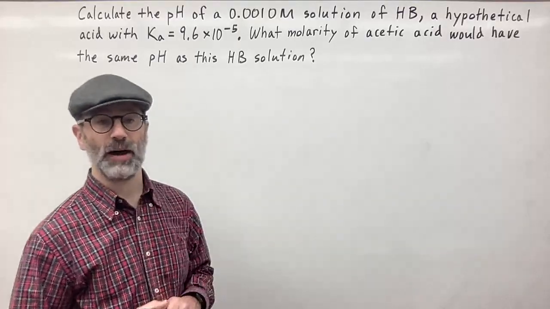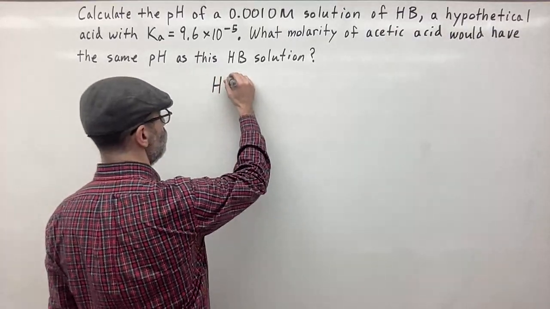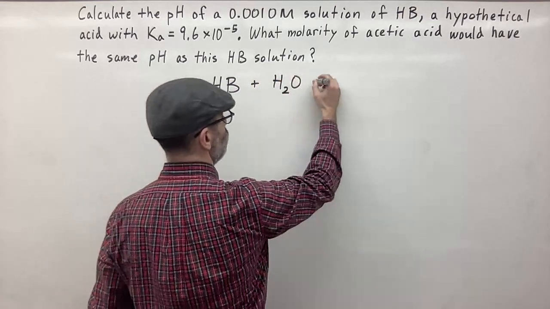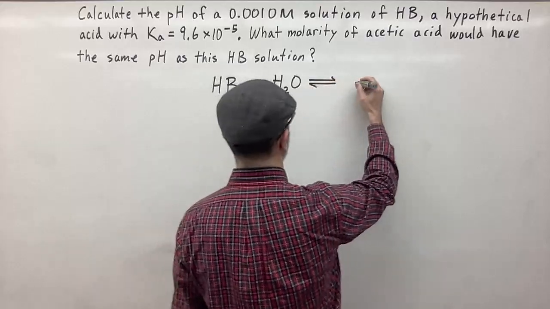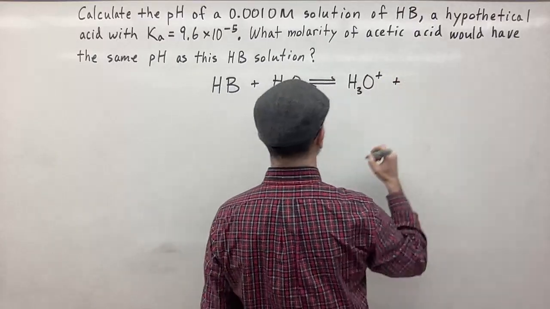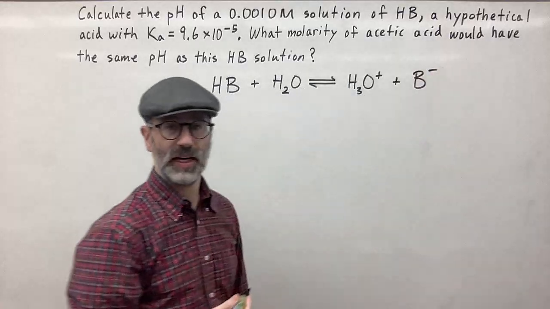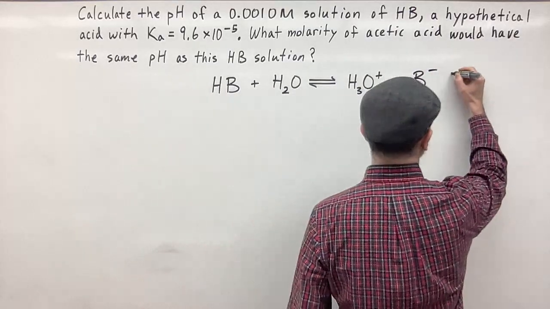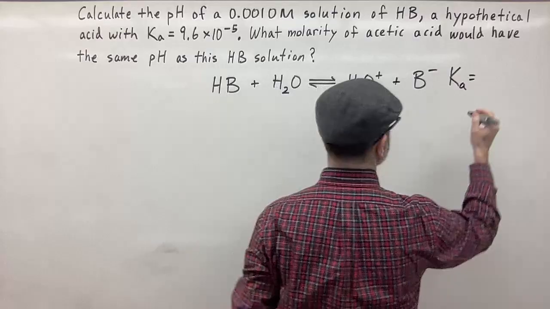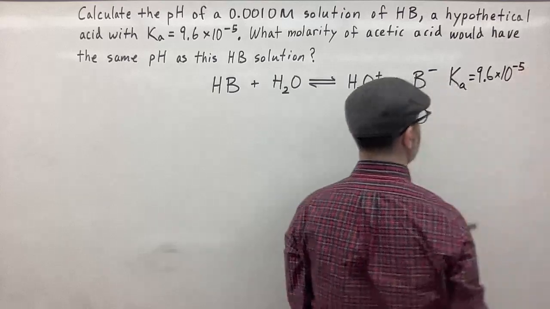So let's write out our equation: HB reacting in water, we're going to have H2O in equilibrium with the hydronium ion, H3O plus, and what's left over is your B minus, the anion, whatever that is. And then they gave us the Ka for this substance, which is 9.6 times 10 to the negative 5.